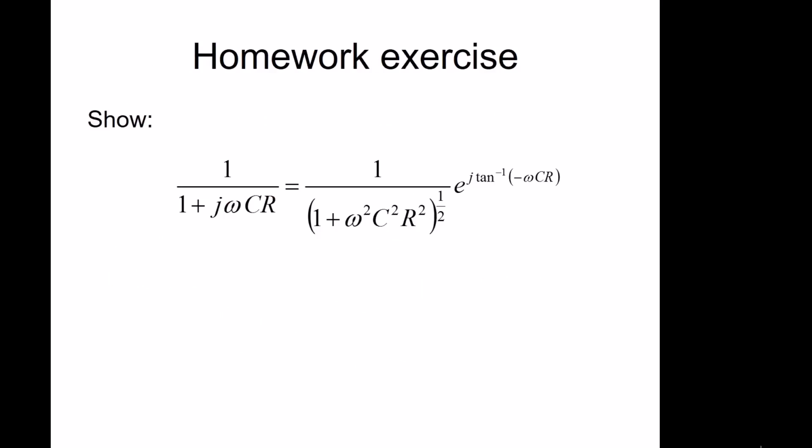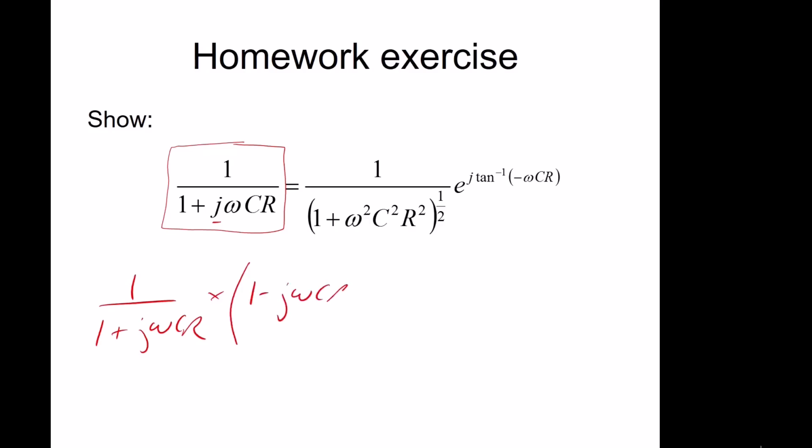What we can do is rearrange this. So we've got a complex number here, we've got j here. So if we multiply this by the complex conjugate, 1 minus j omega c r over 1 minus j omega c r, so multiplying it by 1, we will get a real term, a, and an imaginary term, bj.